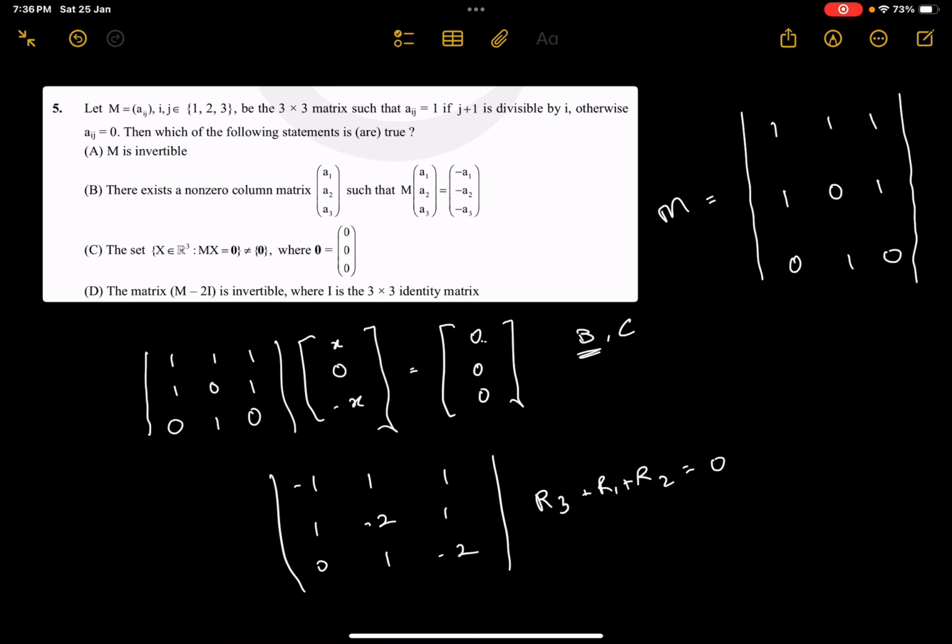That gives us that the matrix is indeed not invertible. That is, M minus 2Y's determinant value is 0. So D is not correct. So answer is B and C.